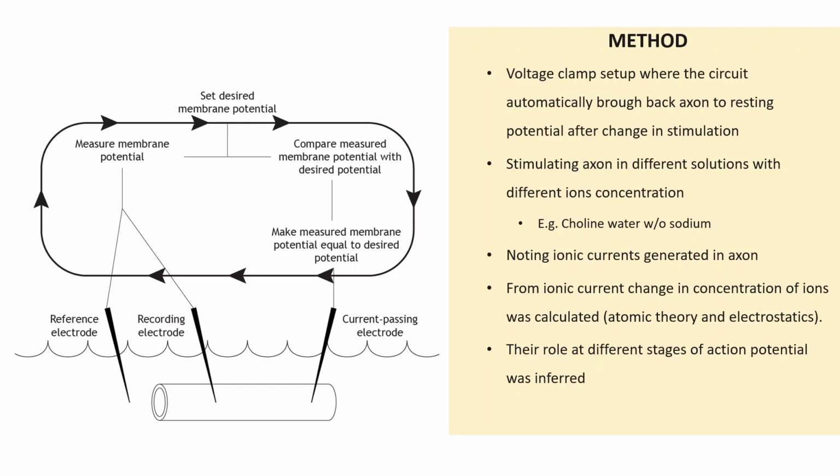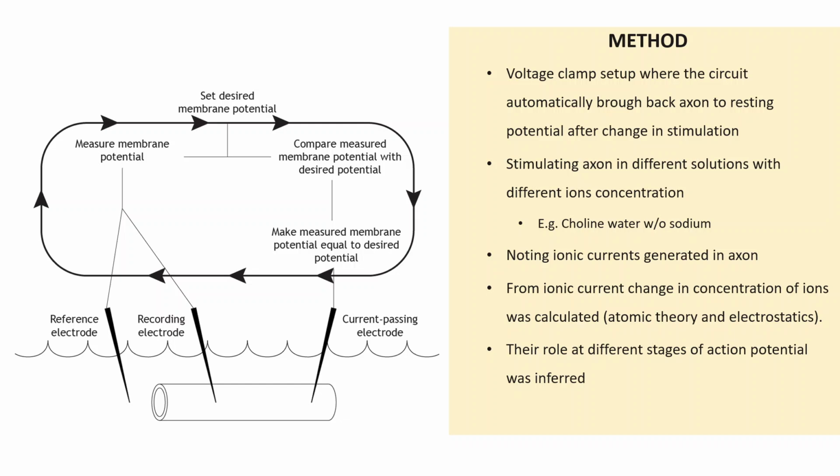So they stimulated the axon in different concentration solutions. There were different ions, and they found out that if we put the axon inside a chlorine solution, which means it has no sodium, then there is an effect on the action potential generated. Basically, without sodium, no action potential is generated generally, or it is dampened. So that was their observation.